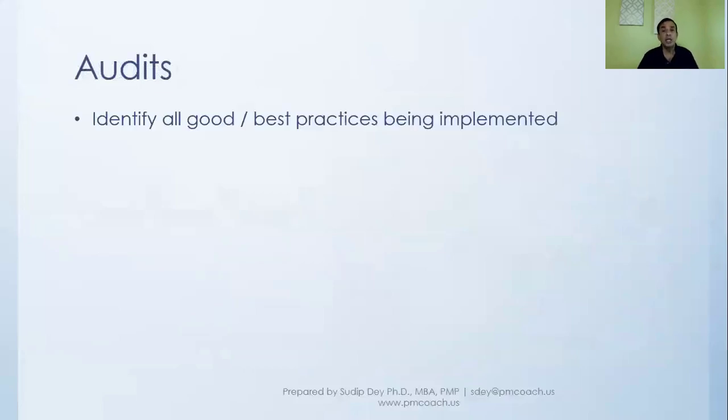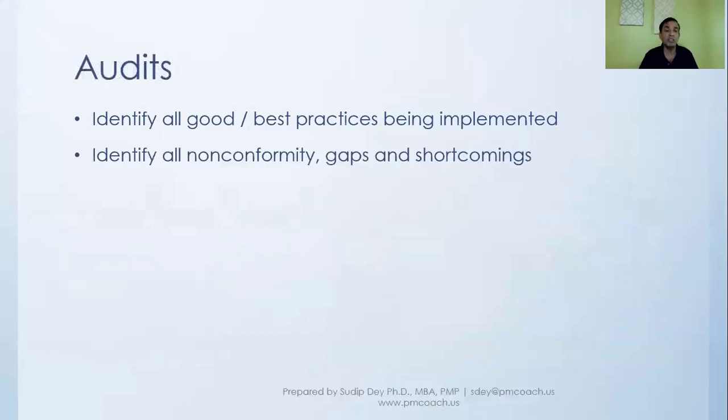And the whole objective of this audit is to identify all the good and best practices being implemented. So what are the practices this project is implementing? And if there is any non-conformity, any gap, the audit will identify it, and the earlier they identify it, the sooner it can be corrected.